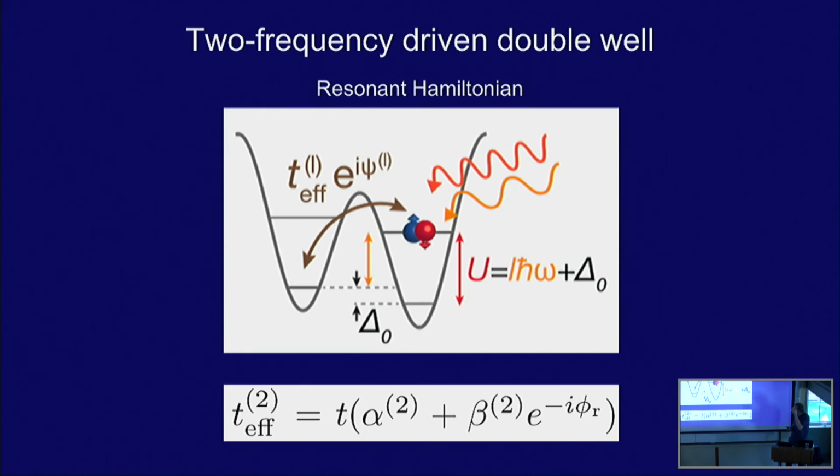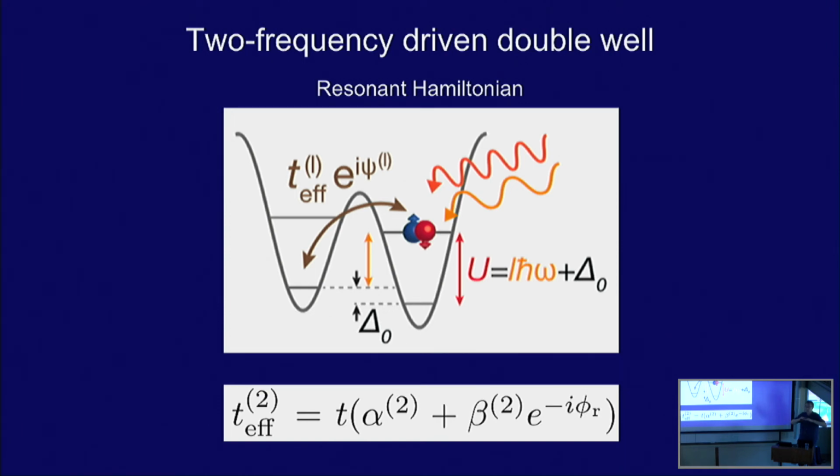Okay, so the idea is, we start off with a small sublattice offset, and then we drive the transition. So we prepare singlets, and then we drive with two frequencies to the doublon.